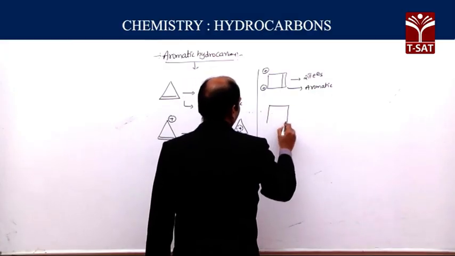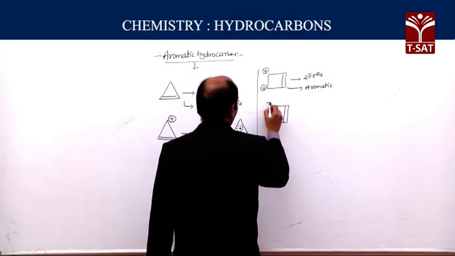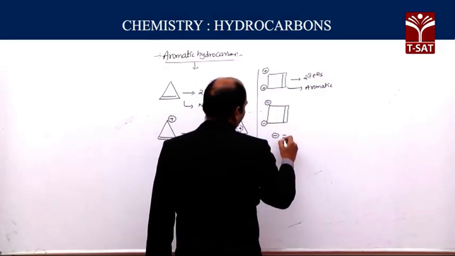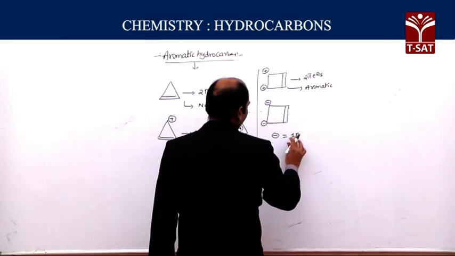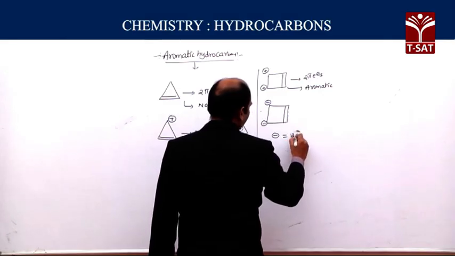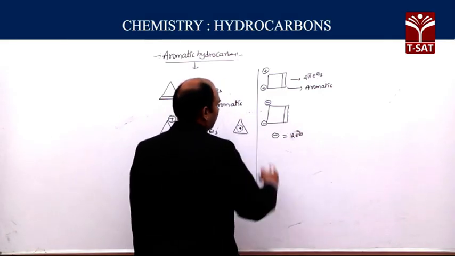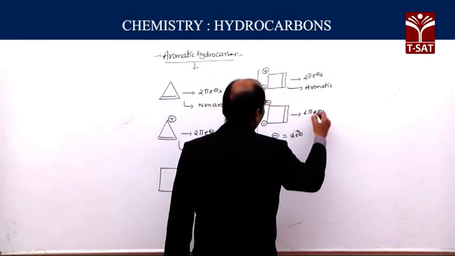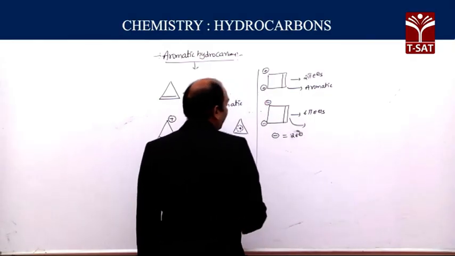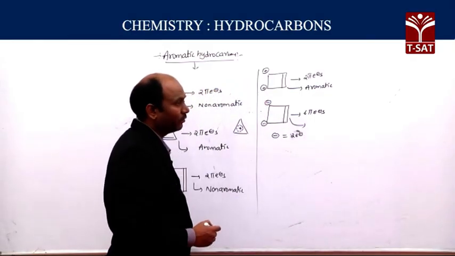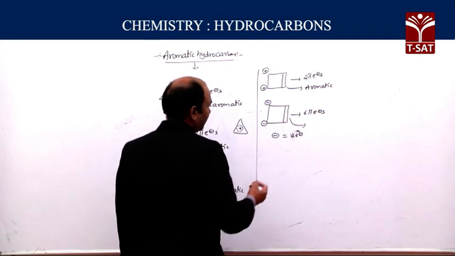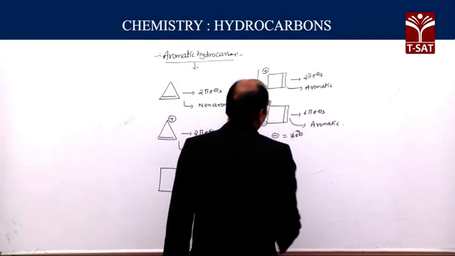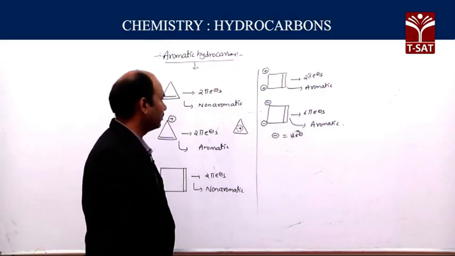Suppose we take the cyclobutadienyl dianion. A negative charge is nothing but 1 pi bond, which is 2 electrons. So 2, 2, 4, and 4 plus 2 is 6 pi electrons. 6 pi electrons means 4n plus 2 with n equal to 1, so this is an aromatic compound.